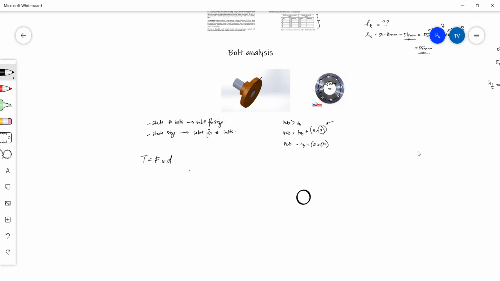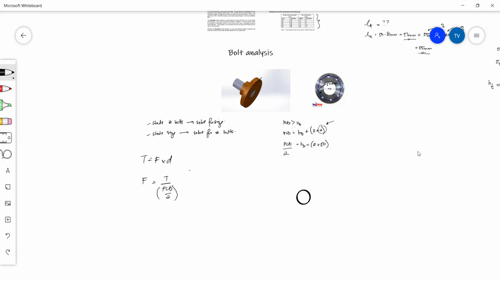So center of the shaft to the center of the bolt, that's the distance. The distance will be half of your PCD. So your force will be equal to your torque divided by PCD divided by 2.